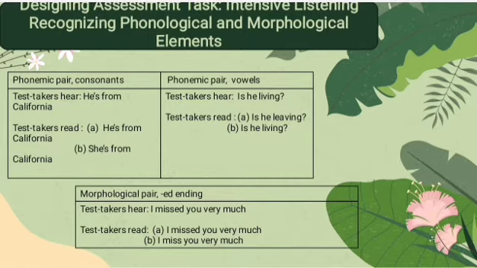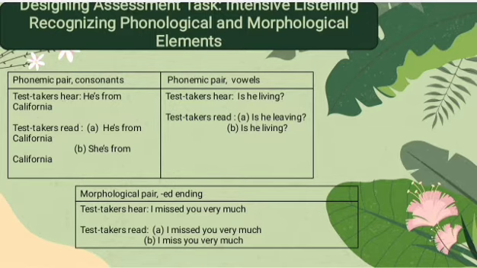In the slide, the test taker hears "He's from California," and then reads two choices: the first, "He's from California," and the second, "She's from California."